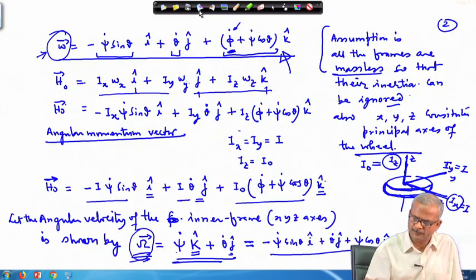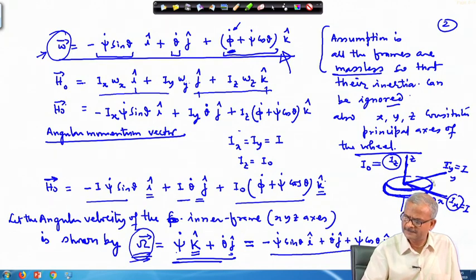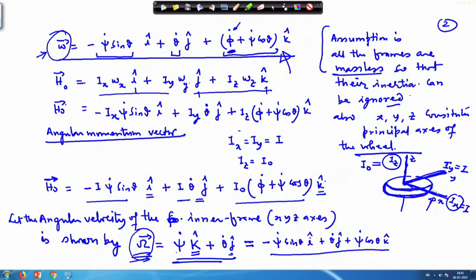Remember, this is in the body axis, in this axis which I am showing here. In this axis, I is not changing because of the symmetry. If there is any other shape, it is possible that, depending on the shape, I x and I y will change. Then you cannot do it like this.